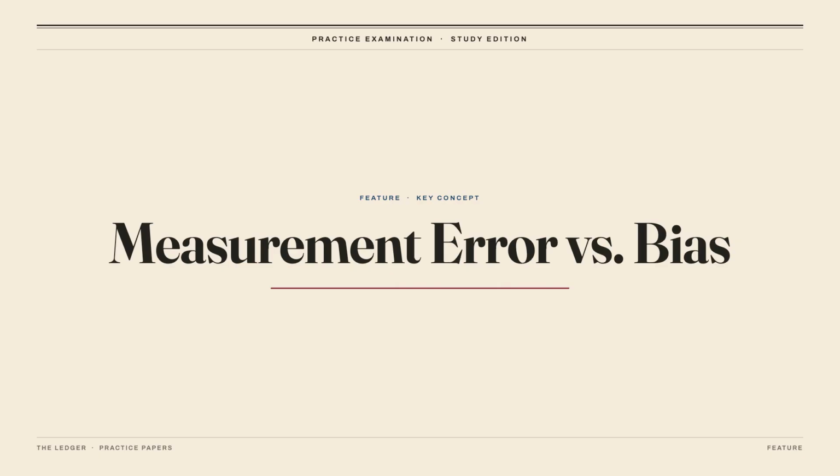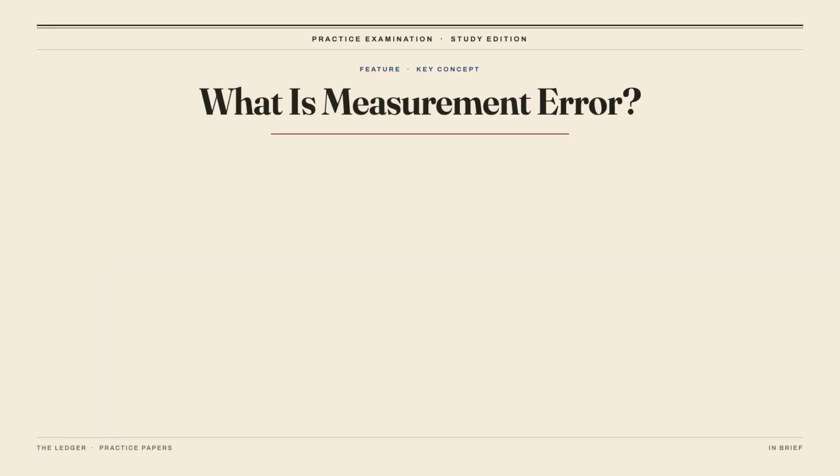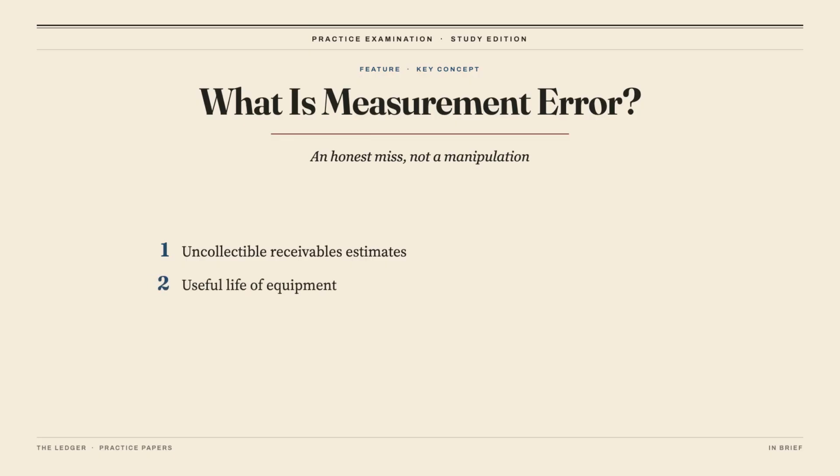Some gaps between reported figures and reality happen simply because measuring a business requires estimating things that cannot be known for certain. Measurement error is an unintentional gap between a reported figure and economic reality. Things like how many receivables will be collected, how long a machine will last, or what a warranty will cost all have to be estimated in good faith.